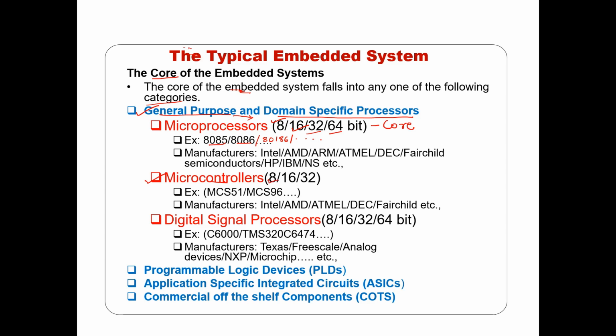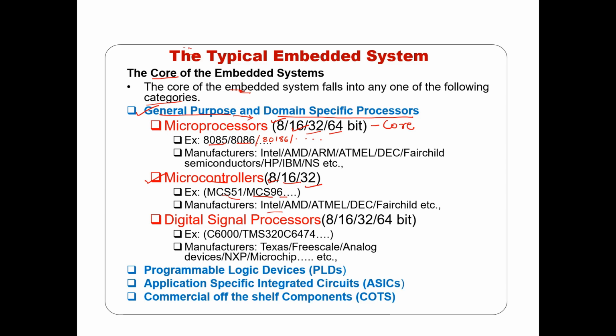Here the microcontrollers can be 8-bit, 16-bit or 32-bit. Examples are MCS 51, MCS 96, and so on, available from various manufacturers with different IC numbers. The main manufacturers of microcontrollers are AMD, Atmel, Intel, DEC, Fairchild, etc.